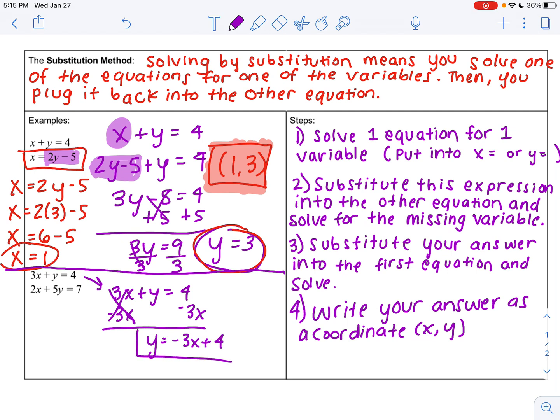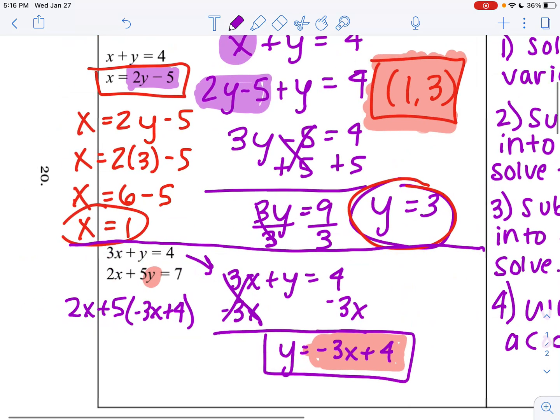Now my y is alone, and I just worked with the top equation, and now I'm going to plug negative 3x plus 4 into my bottom equation for y. So I have 2x plus 5y, and my y is negative 3x plus 4 equals 7.